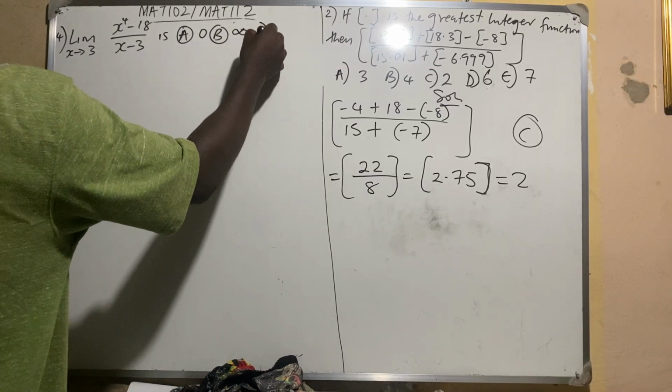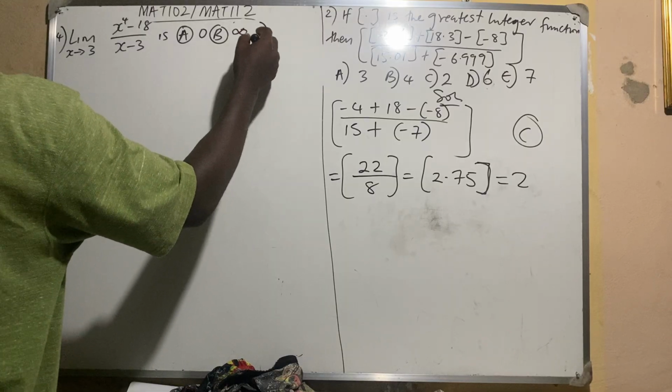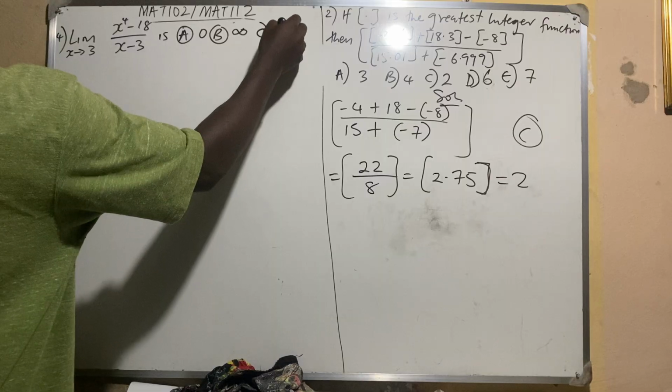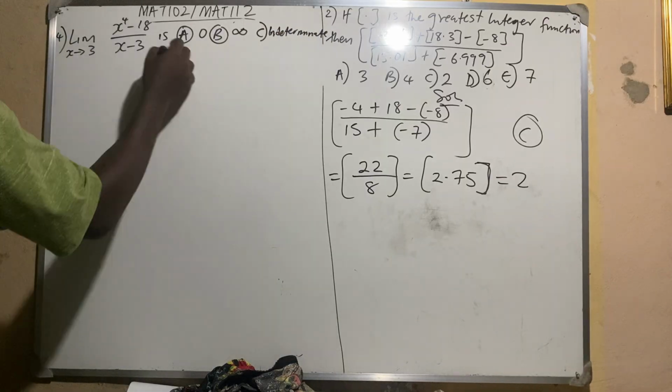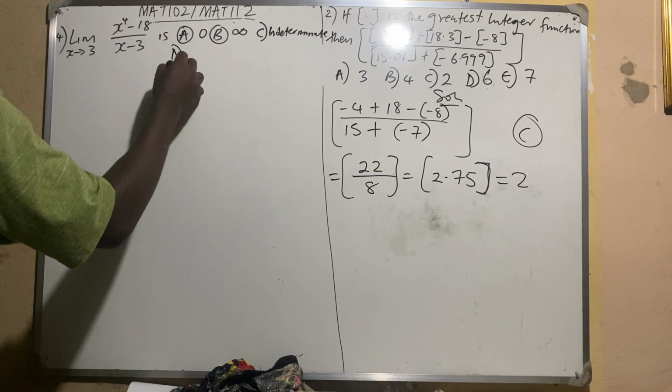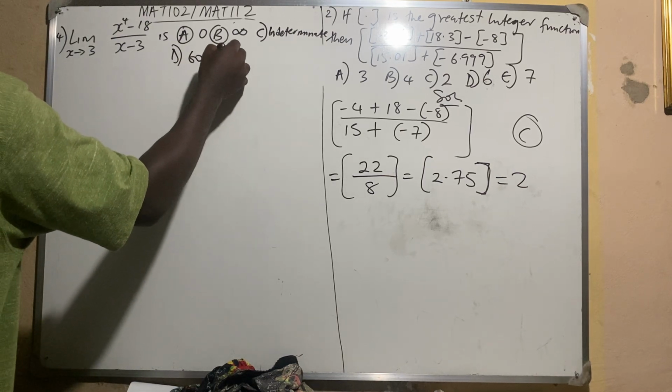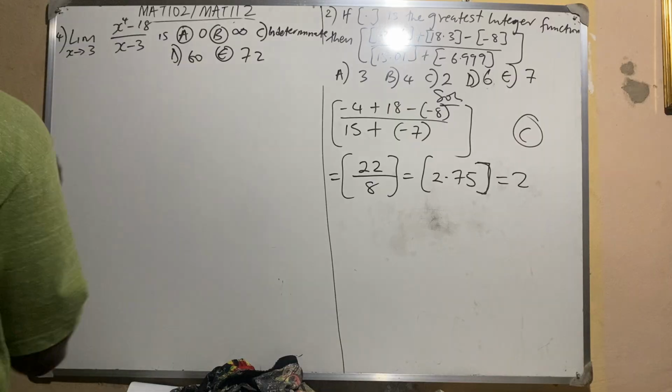Option C, I have indeterminate. Option D, I have 60.